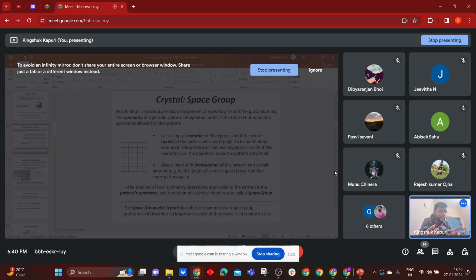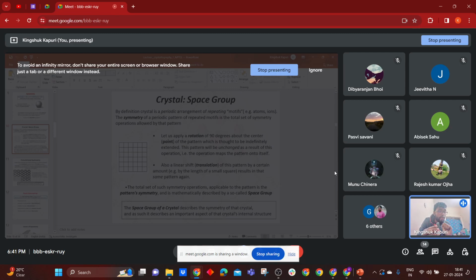Now, if this similar rotation gives the same result with a 90-degree pattern, for example, let's consider this is a crystal face, and I am obtaining this crystal face after every 90 degrees of rotation. Every 90 degrees, I am getting the same face.